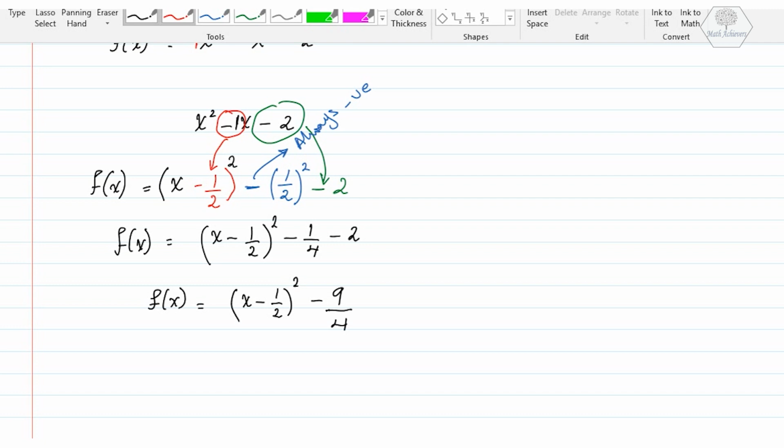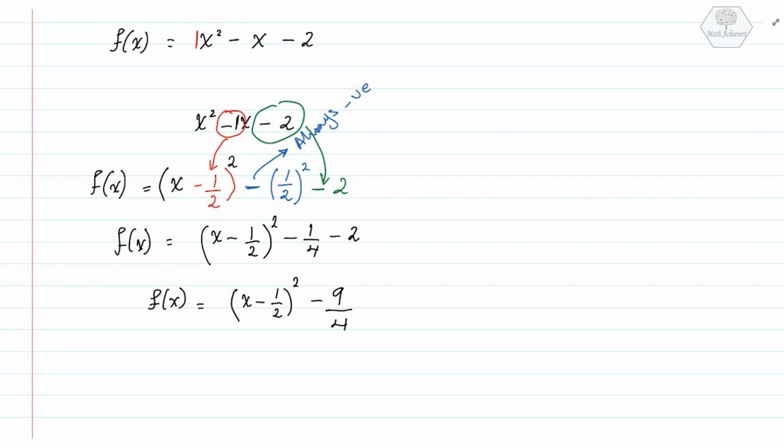So now I can simply find my vertex. This is a minus. I take it as opposite sign. So it becomes half, with, I take this as it is with minus 9/4. This is my vertex.